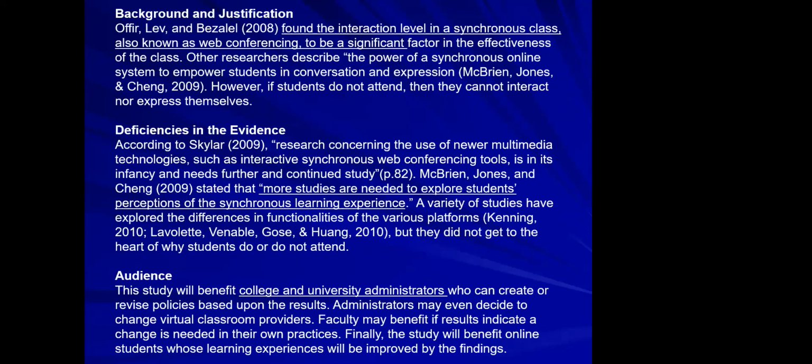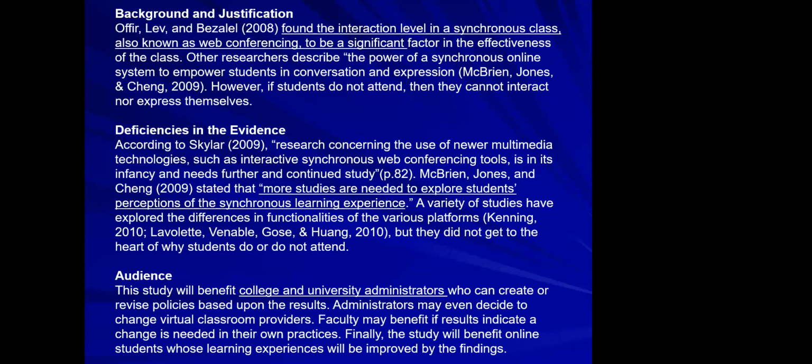But the deficiency in the evidence is that there is a research gap in the present study. More studies are required because in spite of the research findings that it's the most effective, people have been absenting themselves. So more studies are required to at least ensure why these online classes are not effective.